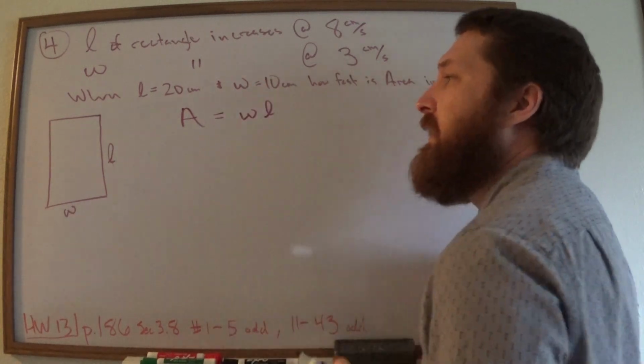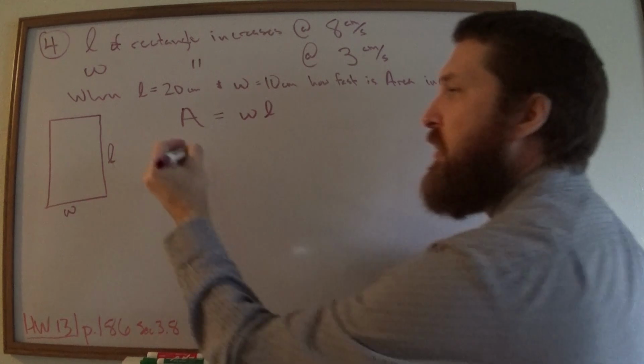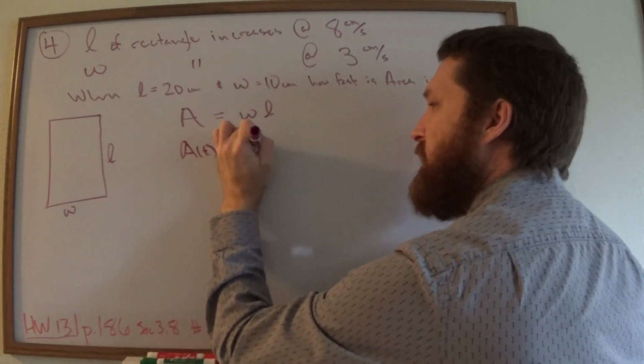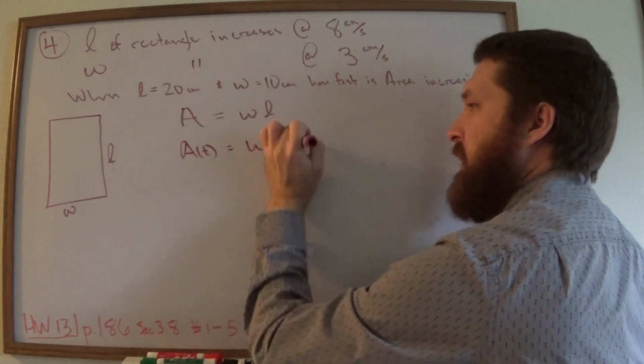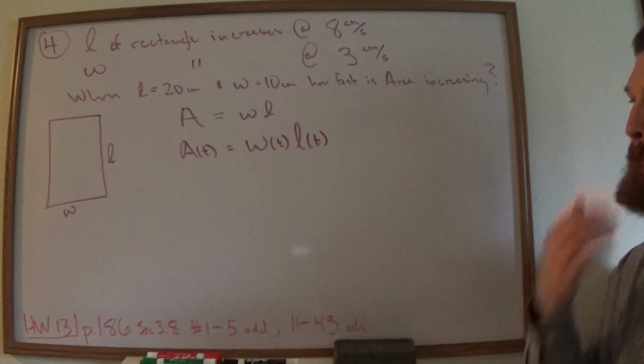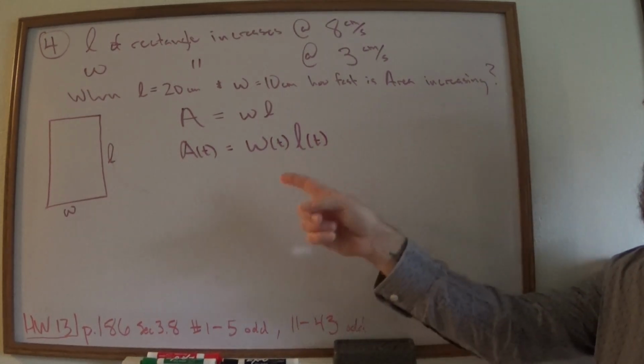times the length. Now again, these are all functions of time, right? So in other words, what I'm saying is the area as a function of time is equal to the width as a function of time times the length as a function of time. Now all we need is just A prime, basically.